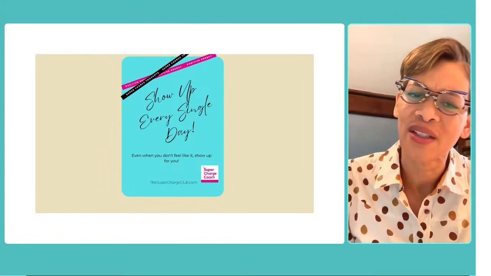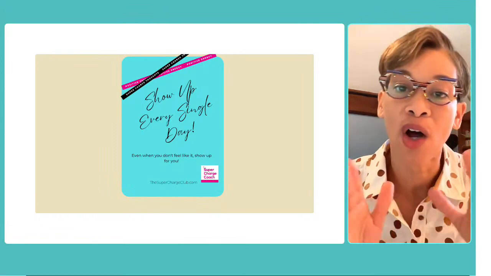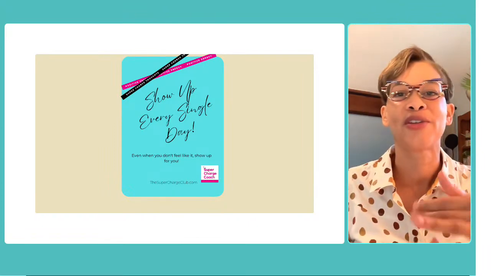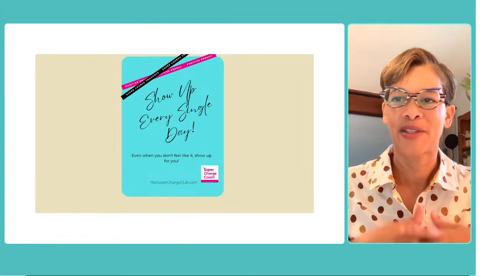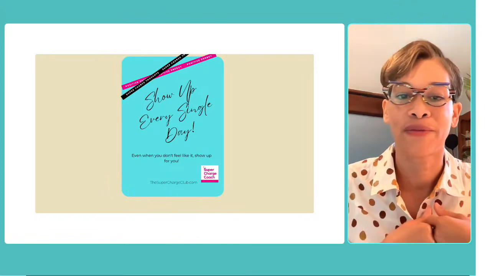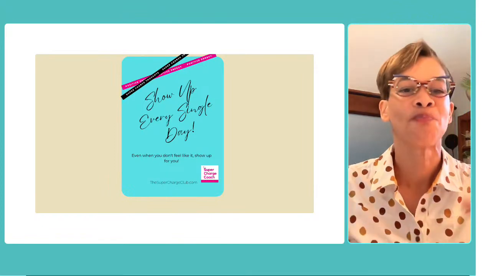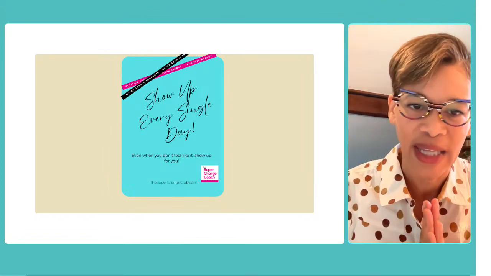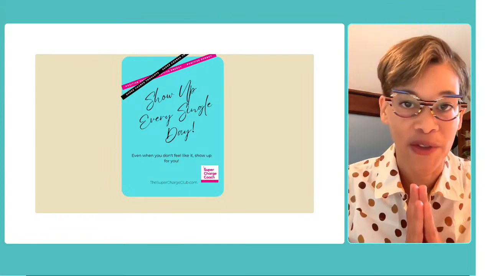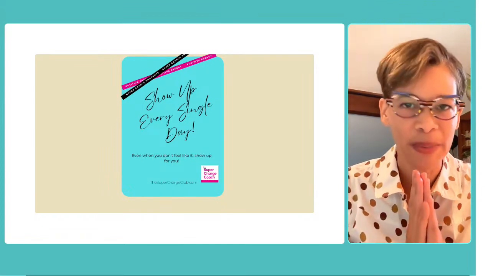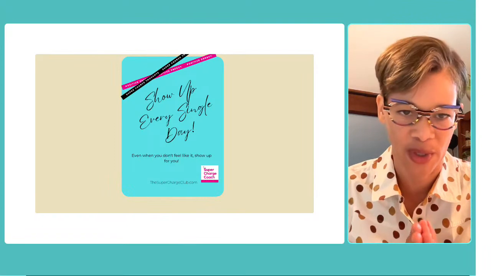Even when you don't feel like it sometimes, show up for you. Put systems in place to override the emotions, to override the not feeling like it. Because if we run our life on what we feel like or don't feel like, we probably won't do a lot. So show up for yourself every single day. You're worth the time. The world needs what you have to offer. So make it your business, make it your priority to do so.